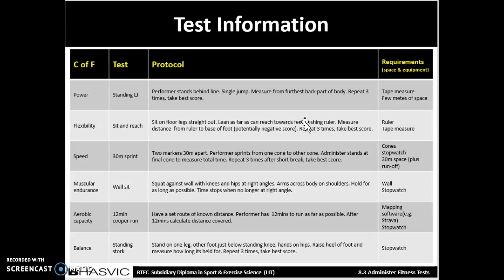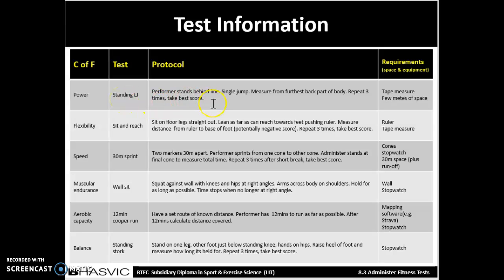Okay, so the 6 tests I chose to conduct measured power, flexibility, speed, muscle endurance, aerobic capacity, and balance. As I thought, these all link quite nicely around his particular sport of running, which is what he particularly enjoys. So to measure power, I decided to do the standing long jump test.